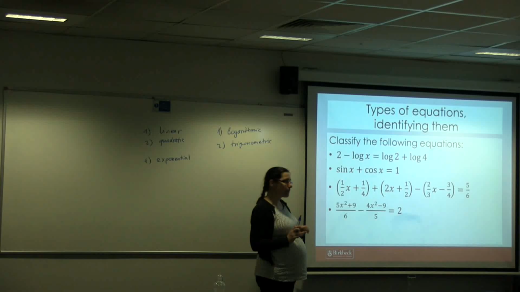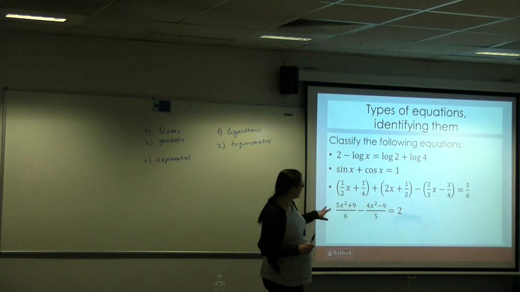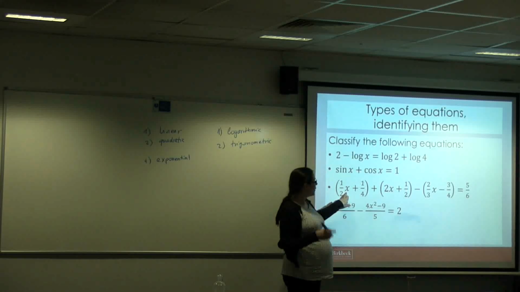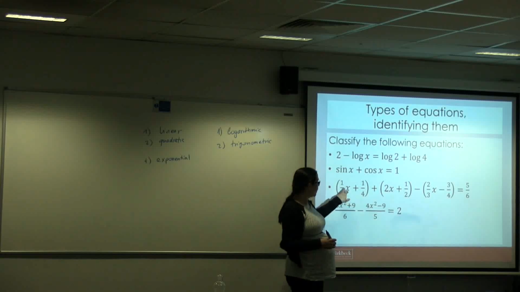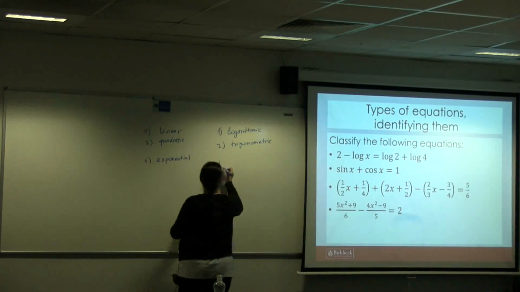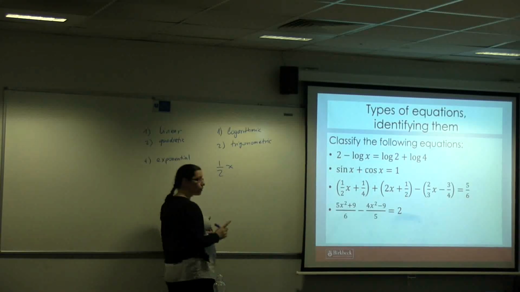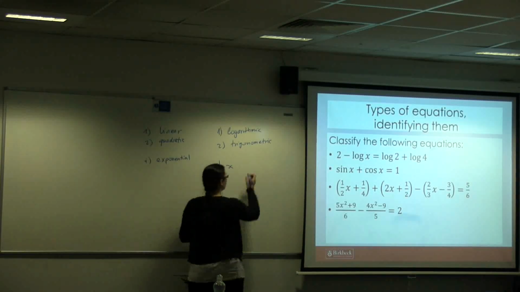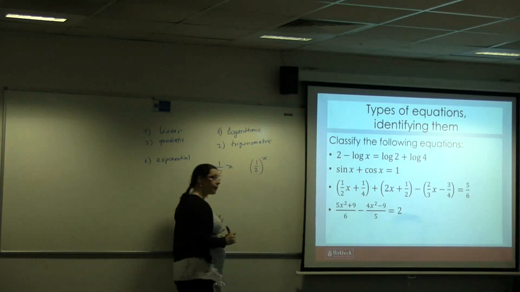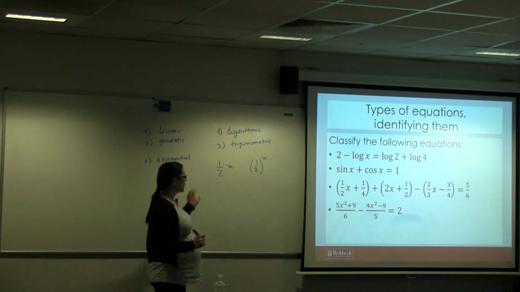Is it taking the power of it? No. This is basically a half times x. If I wanted to make it exponential, what I would need to do would be that. Okay, so that's a difference.